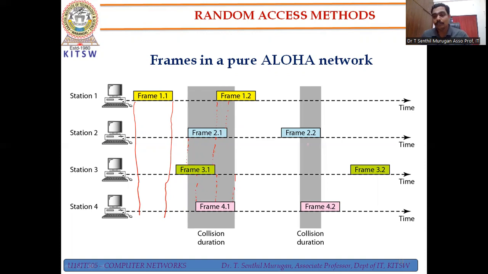Here also, see, this frame was already sent. There is no collision because here no data, here no data, here no data. Only session 3 is sending, but when session 2 and 4 are sending, it may collide. That's why they give the shaded lines, to show the collision durations.